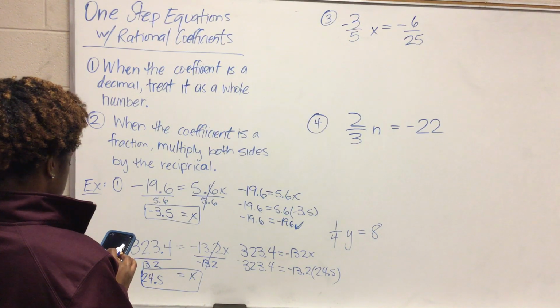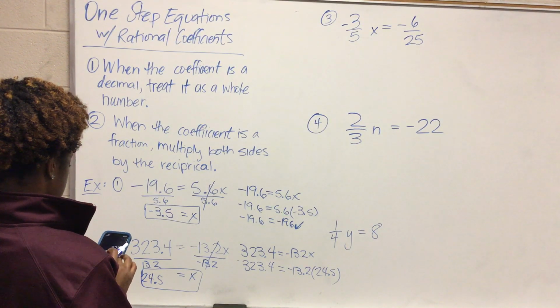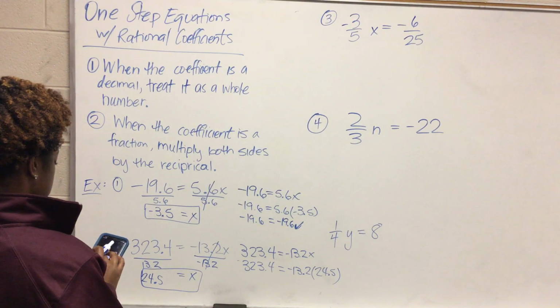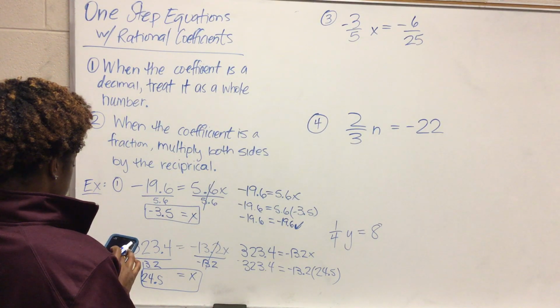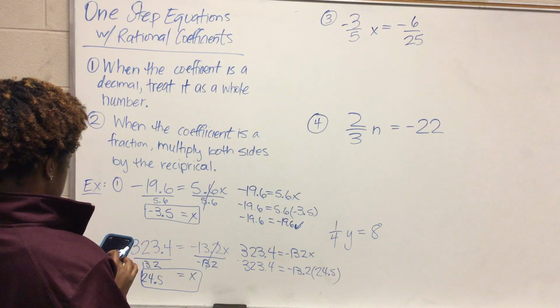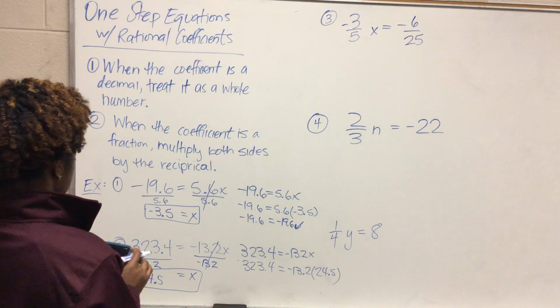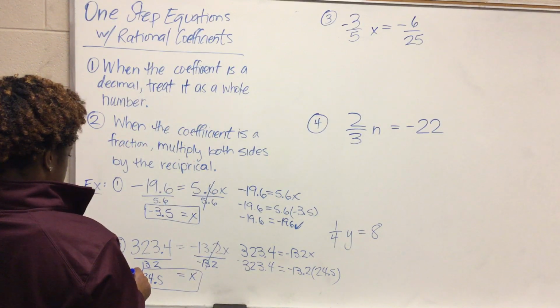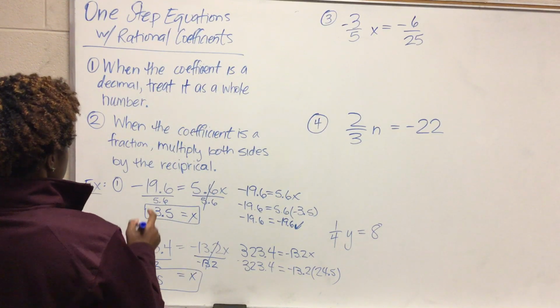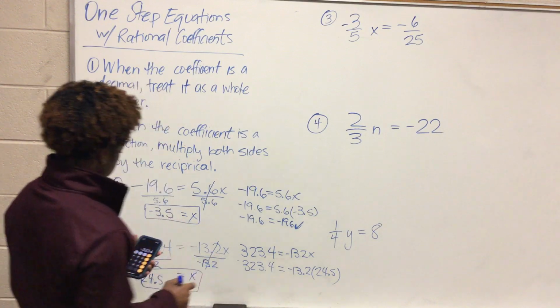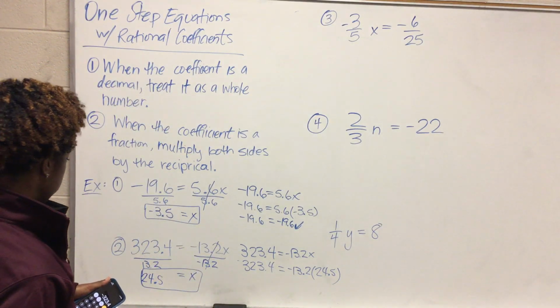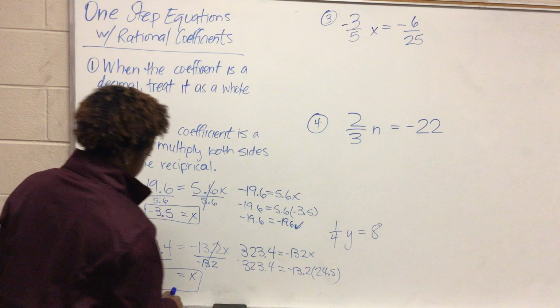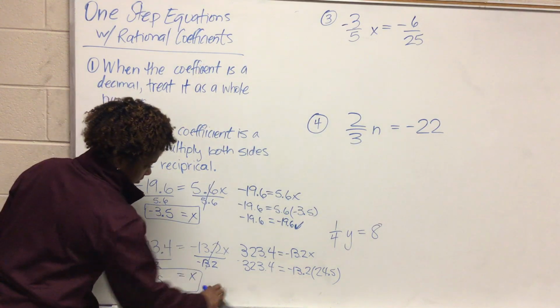Uh-oh, got something wrong. 323.4. Oh, that's what I did. 13.2, integer key, times 24.5. That gives me negative 323.4, which means my answer should have been negative.